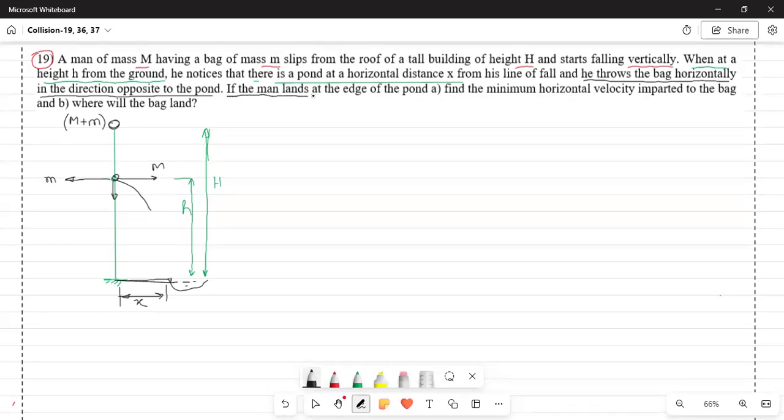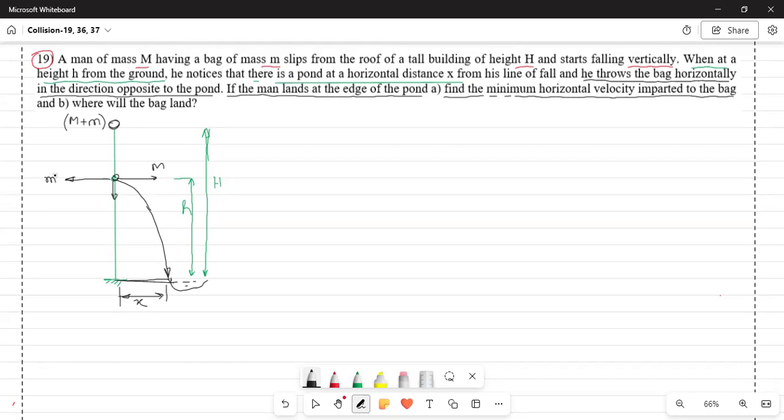If the man just lands at the edge of the pond, at distance x, find the minimum horizontal velocity imparted to the bag. What velocity must he impart to the bag? This they want to know.